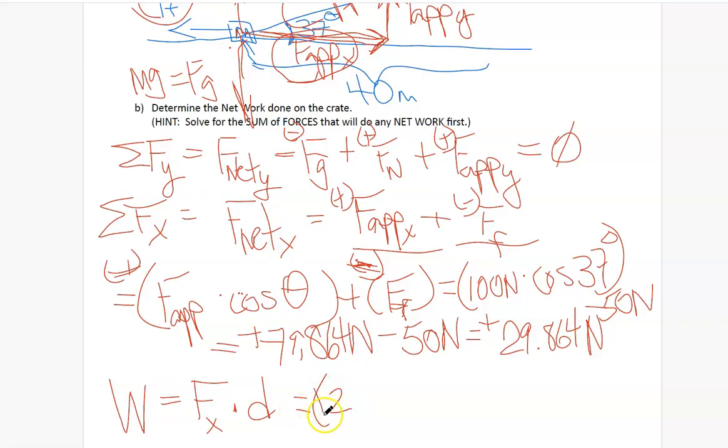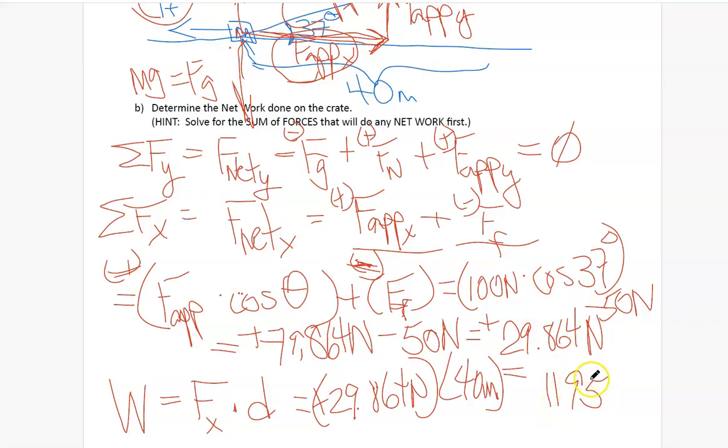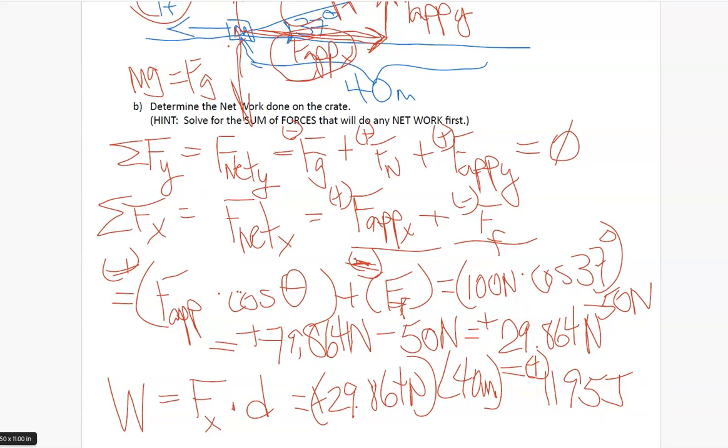That's positive 29.864 newtons of force times our 40 meters of displacement. We multiply this out and we get 1,195 joules. And if you want to be particular about it, that's a positive value because work is being done on the crate. And this completes lesson 6.